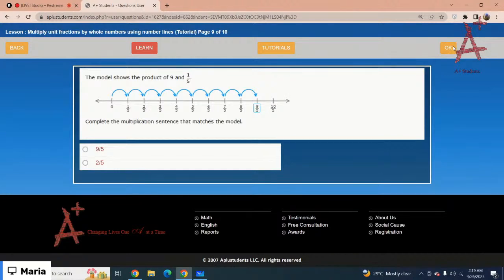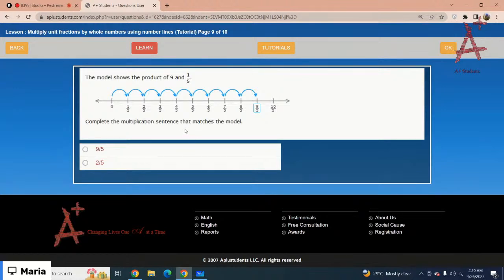Okay, the model shows the product of 9 and 1 over 5. Complete the multiplication sentence that matches the model. So it would be 9 over 5.